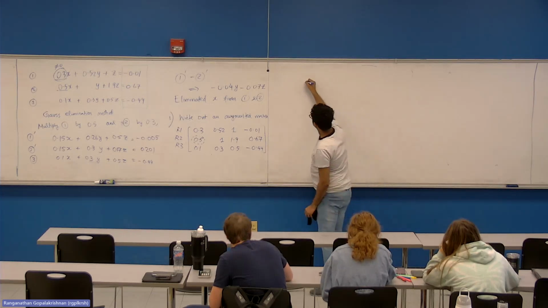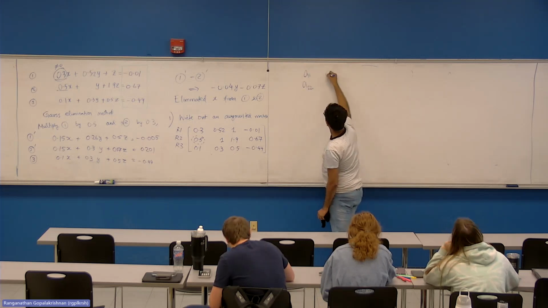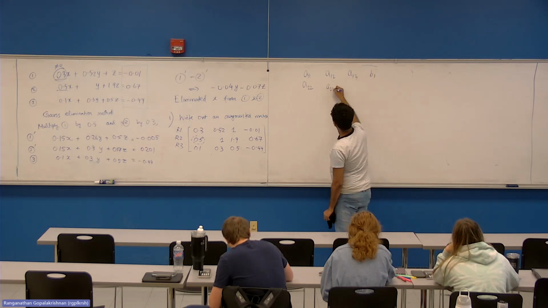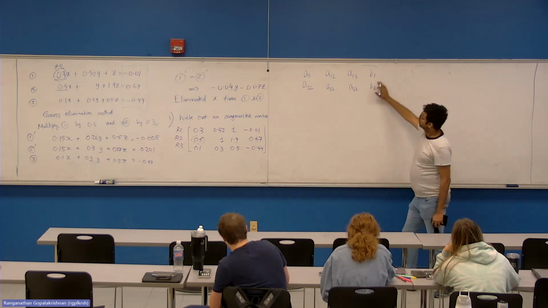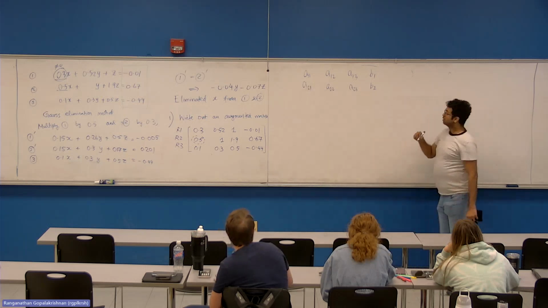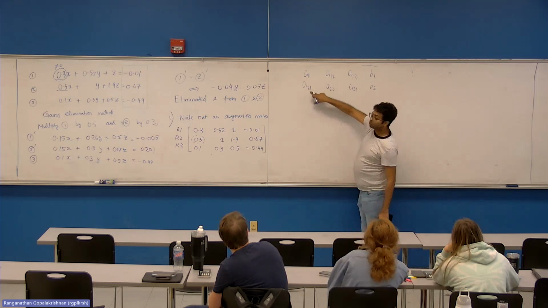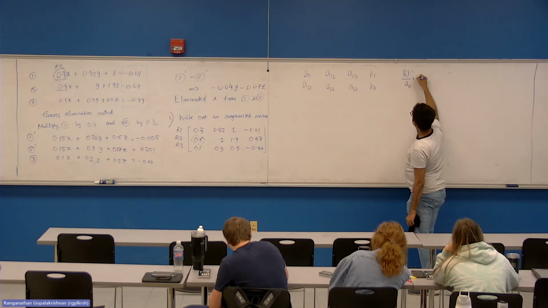So if I write, this is A11, A12, A13, B1, A21, A22, A23, B2. This is the original matrix. Is your first A supposed to be A2? Correct. Thank you. Good catch. Okay, this is the original matrix. I want to get rid of this A21. What I will do is I'll take R1, divide it by A11, and then multiply it by A21.